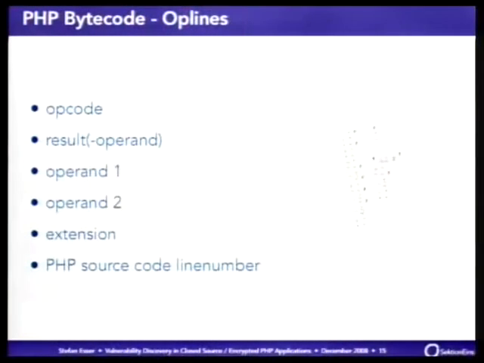Here on the slides you only see operand 1 and operand 2 because in the beginning there were only 2 operands, but some of the opcodes require more operands and then they are stored in the extension value. And there are very few, like 3 or 4 opcodes that still need more operands, and then they take 2 opcode lines in the opcode array, like you need it for some array dimensions. But normally you only have 1 opcode line per opcode.